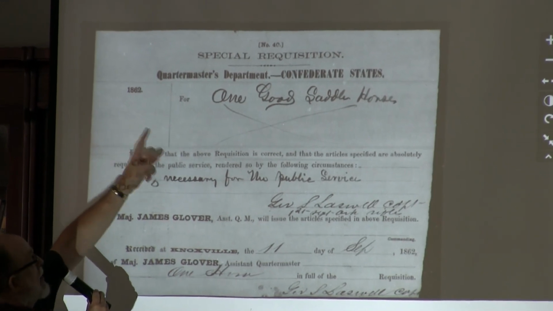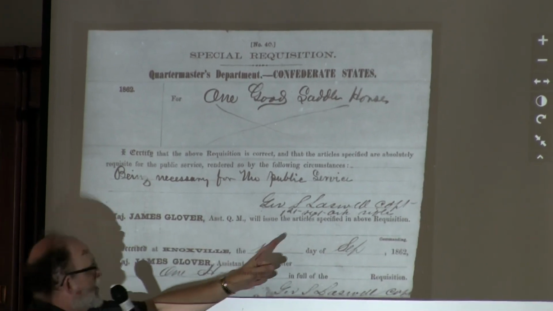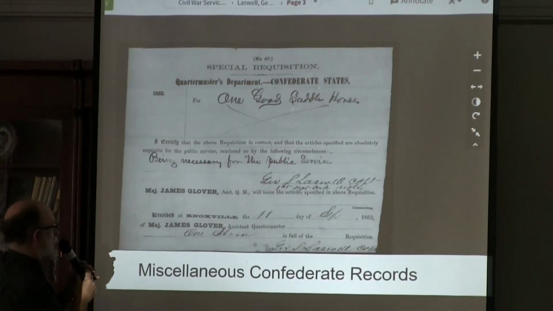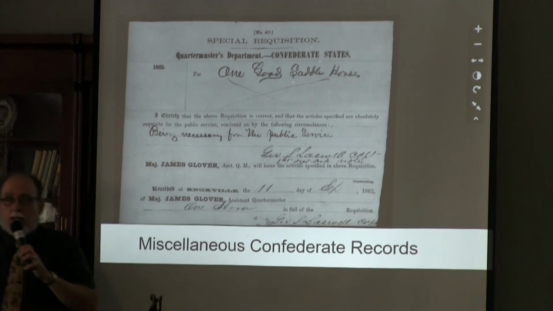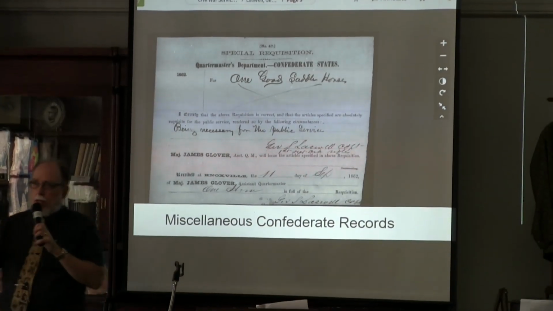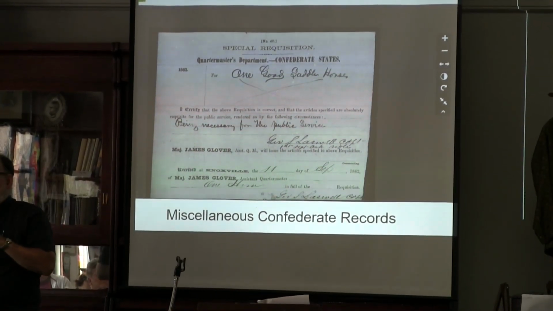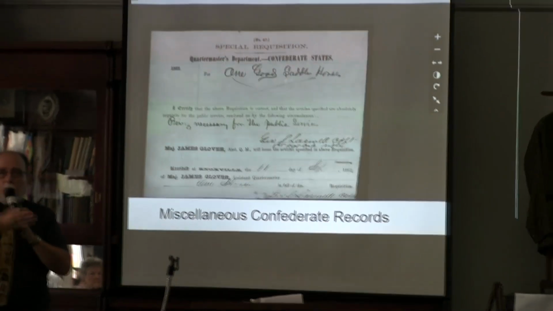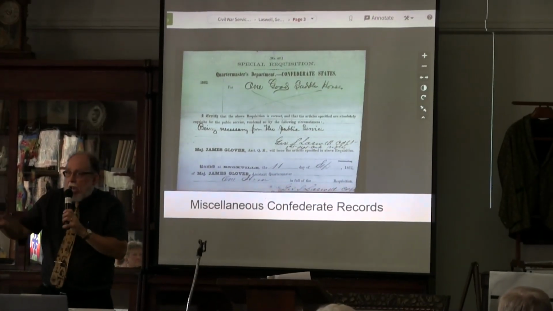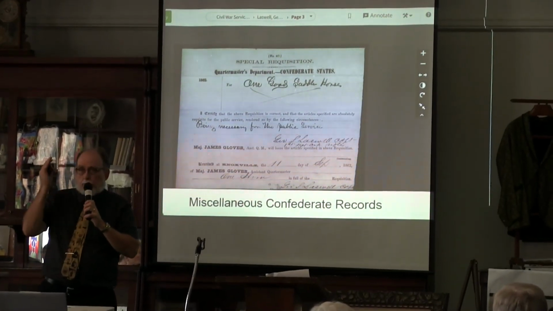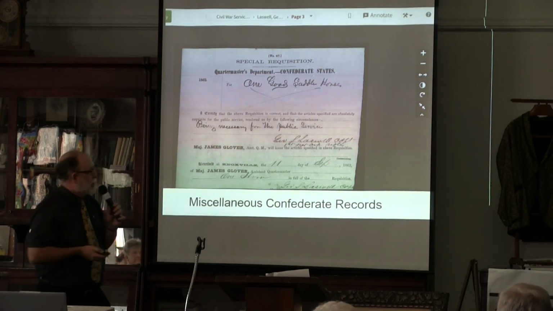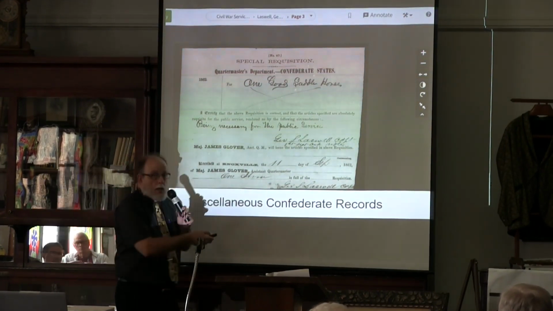For example, 1862, for one good saddle horse. And he signed it and dated it, September 11th, 1862. So with miscellaneous Confederate records, you get into things like quartermaster records, or records of pay, and so forth. Just miscellaneous things.